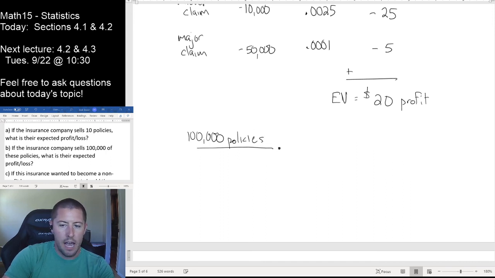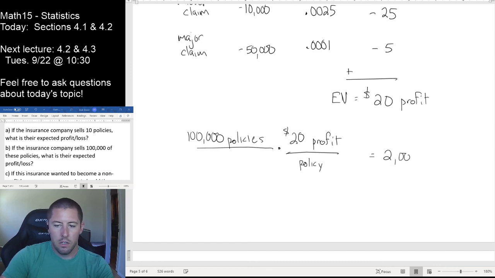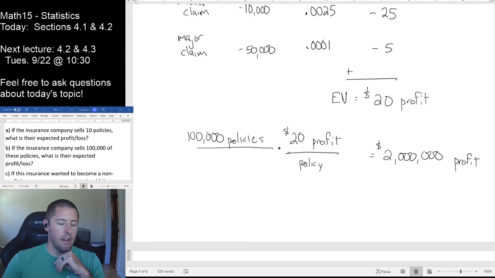100,000 policies times $20 profit per policy is going to be, so we stick on a 0, so that becomes 1 million, and we multiply by 2, so that's 2 million. So what the insurance company can expect is a $2 million profit if they sell 100,000 of these policies.